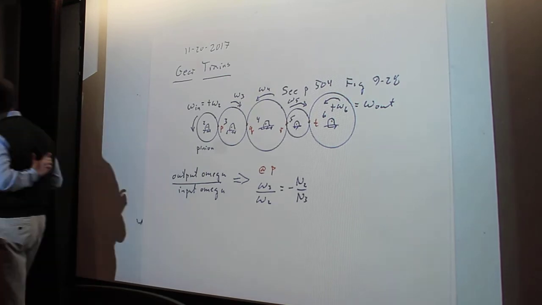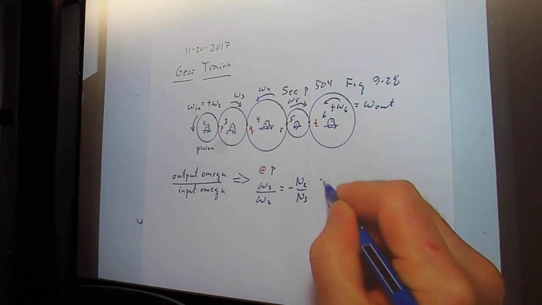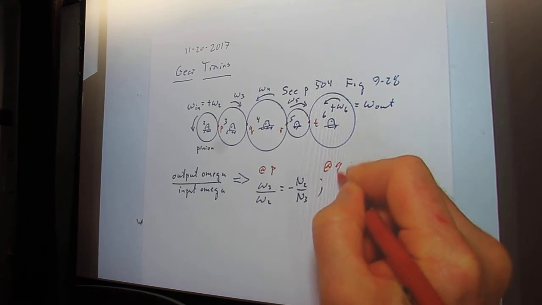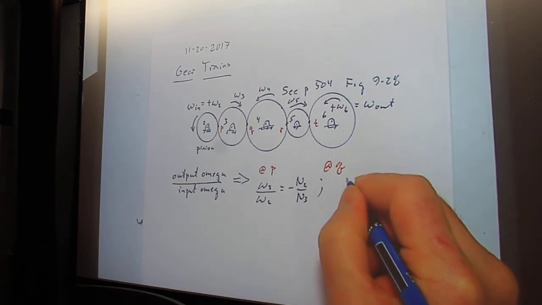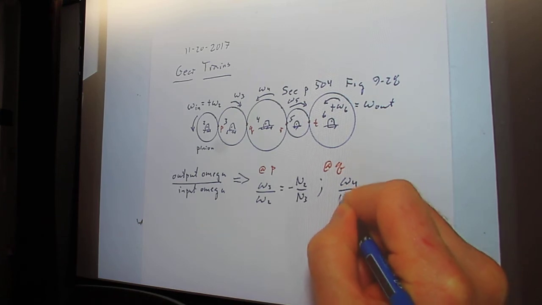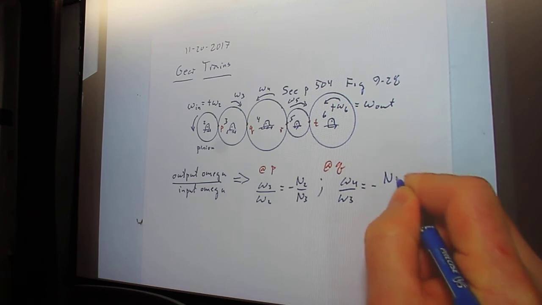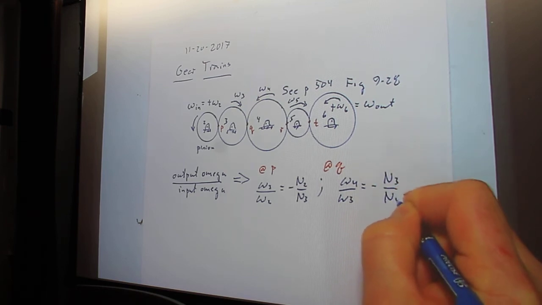We covered that last time. So at Q, I have omega 4 over omega 3 equals minus n3 over n4.